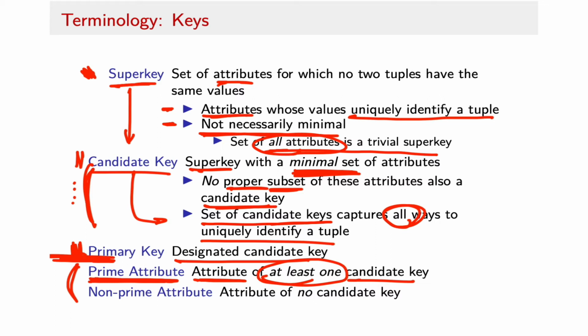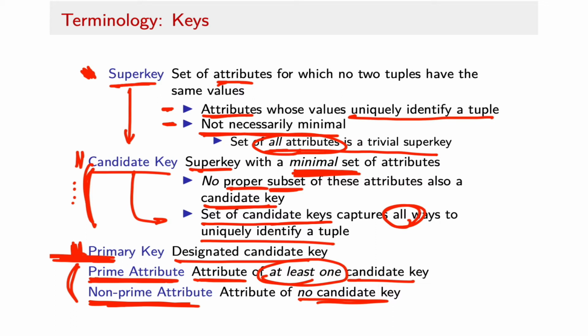And then by negation, a non-prime attribute is an attribute that isn't in any candidate key, right? So prime attribute, an attribute that's in at least one candidate key. Non-prime attribute is an attribute that's not in any candidate key. Apologize for this flurry of definitions, but these are all ideas that we're going to use as we talk about how second and third normal form work.